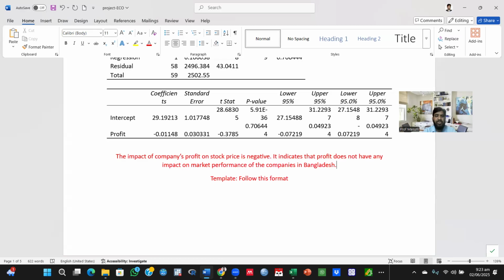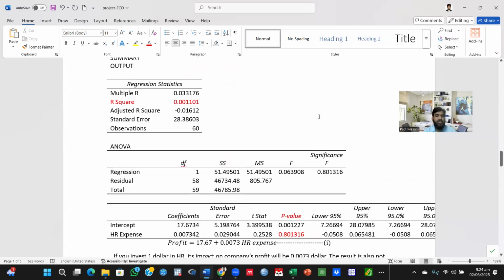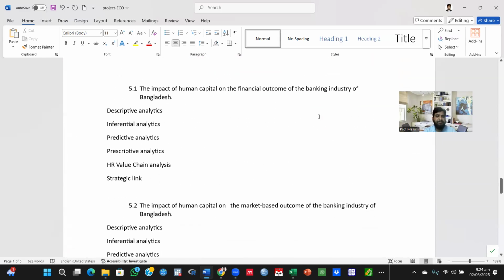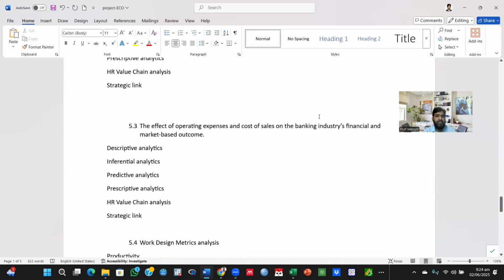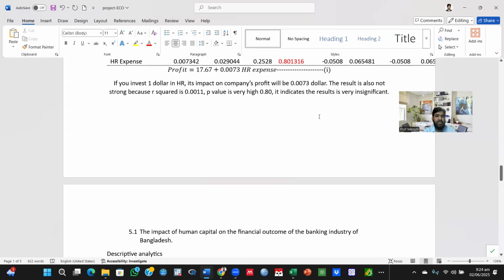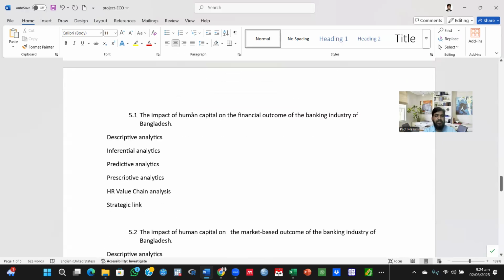Are you getting what you are going to write in your results? Here we said that there are two or more sections. You are not going to describe section 1 in the results section. Impact of human capital on financial outcome was your number 1.